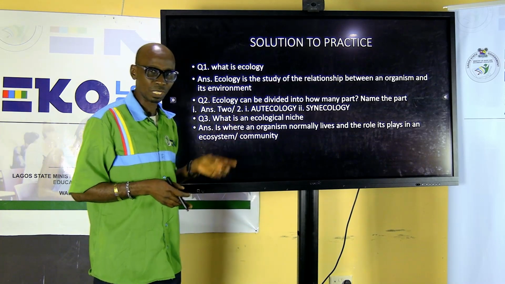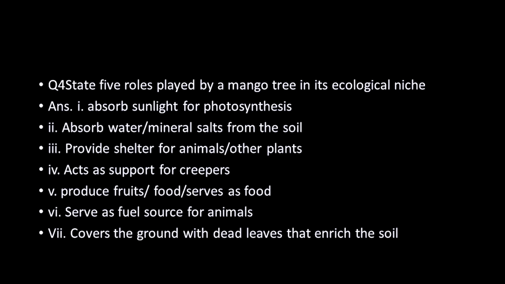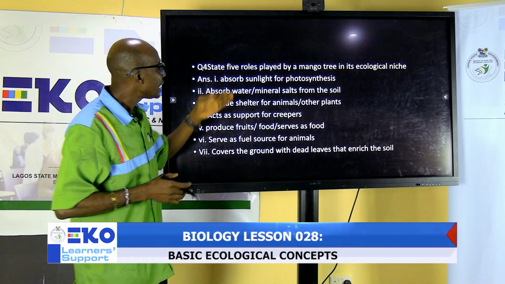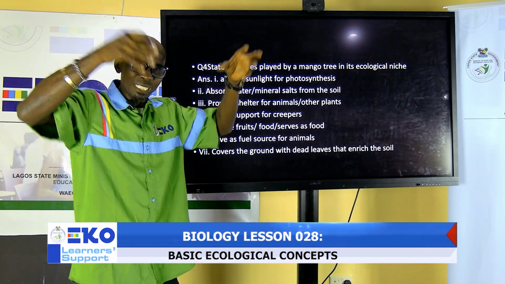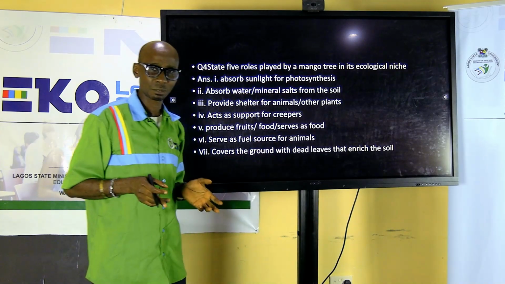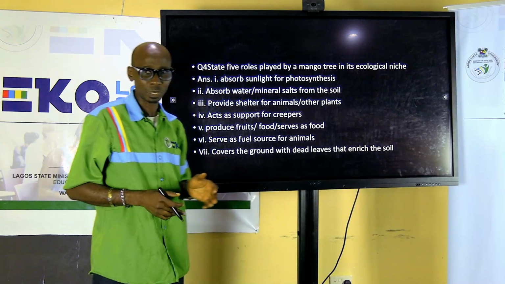This is ecological niche. The next question is, state five roles played by a mango tree in the ecological niche. Because a mango is part of the biotic factor, what role is that mango playing there? Remember, a mango is a plant. So what do plants do in our environment?